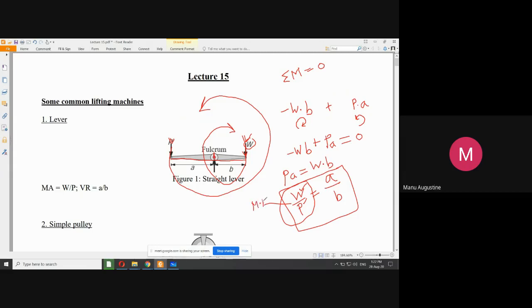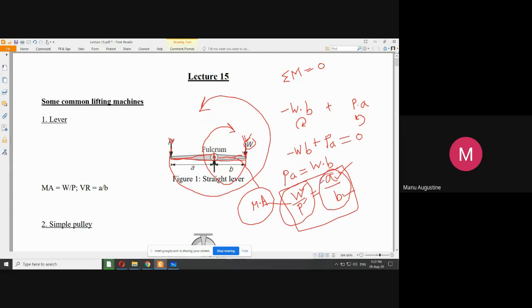So what we get is that the mechanical advantage of a lever can always be found as the ratio of the lever arm length to load arm length. So this is lever arm length, this is load arm length.